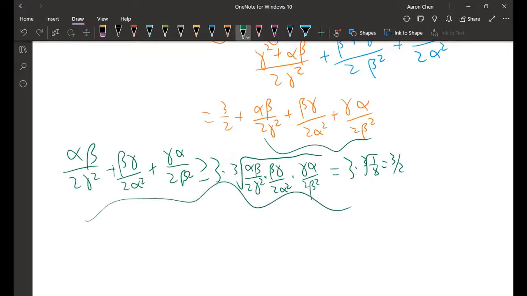And this holds true just purely through the AM-GM inequality.